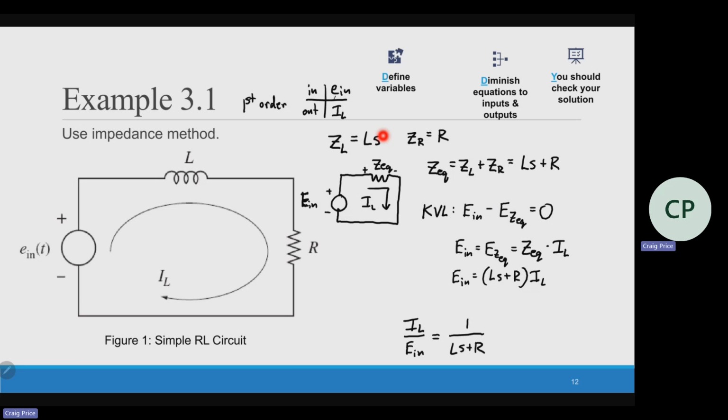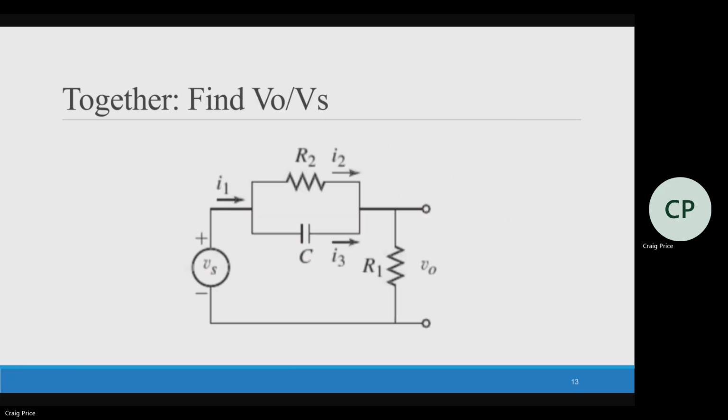So we're going to do another example here. We're going to do this one together, and then I think you're going to try one out yourselves. So together, this circuit looks a little bit different.